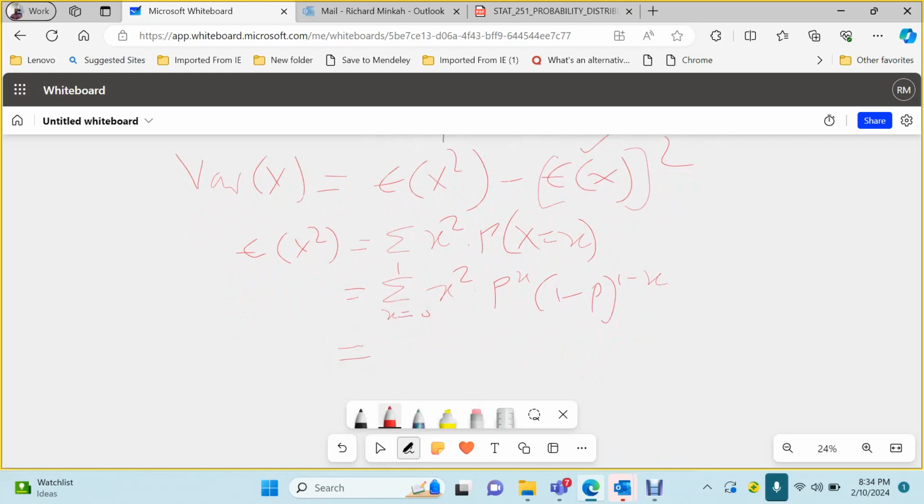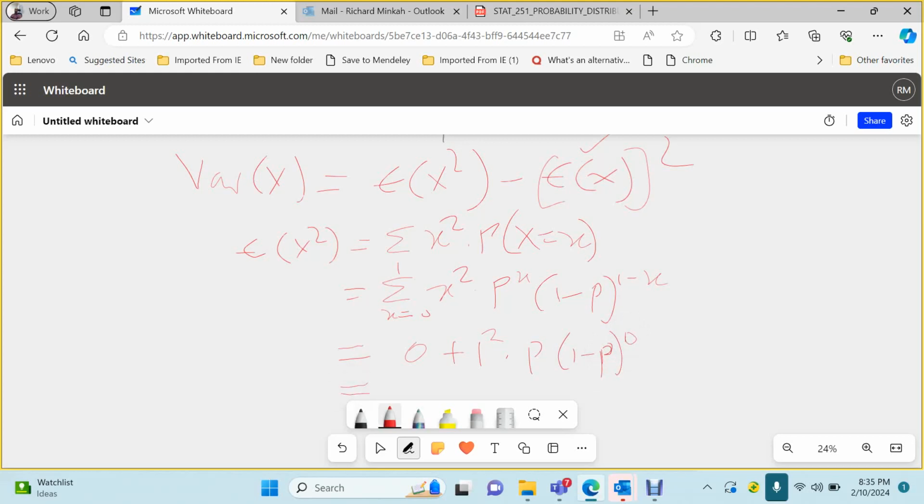Now this will be equal to, when x is equal to 0, what happens? Everything will be 0. Plus, when x is equal to 1, we'll have 1 squared times P. The other one will be 1 minus P to the 0, which is 1, right? So what do we get?